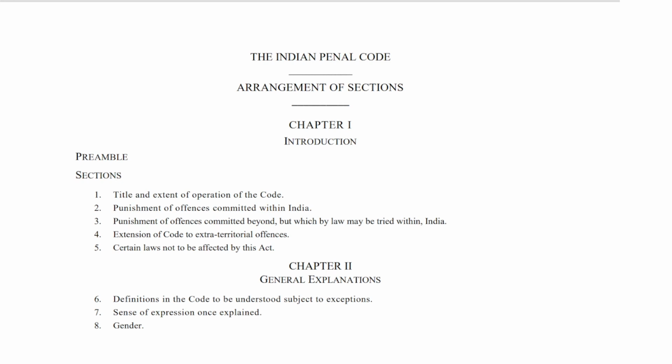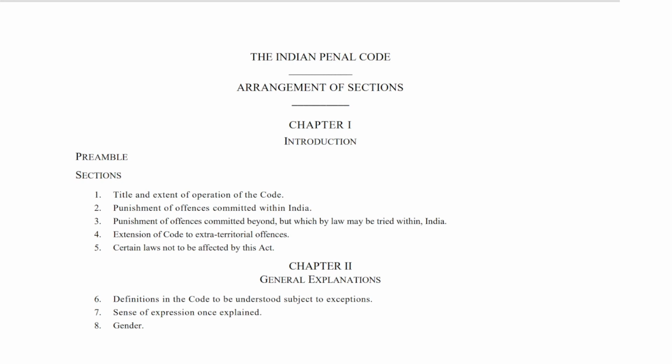where, through the facts, we get an understanding that it is actually a crime that has been committed. But if we go through the general exceptions and apply them to that particular fact, we see that the general exception is also getting attracted.